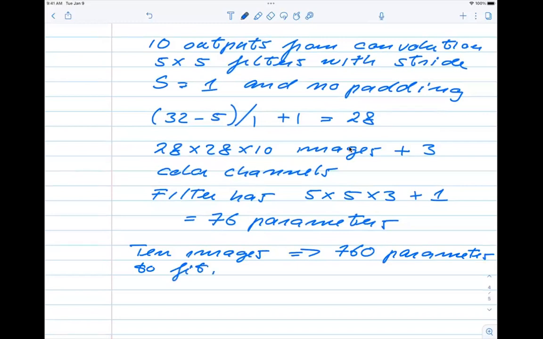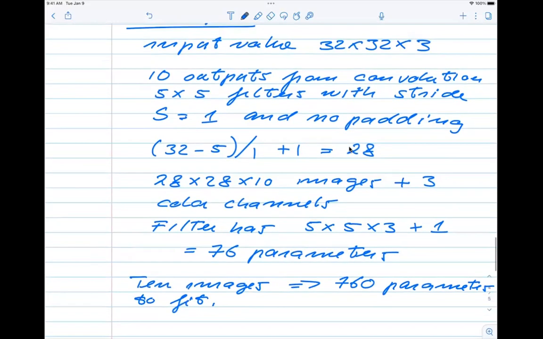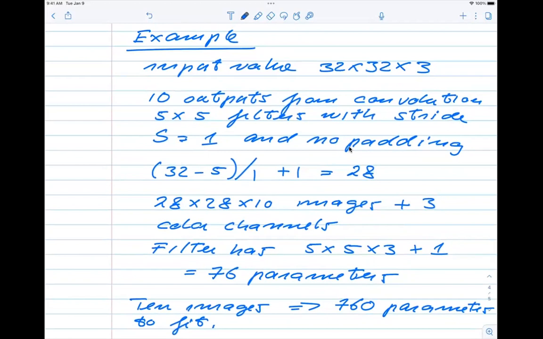You can compare this to a hidden layer in a fully connected neural network, where you feed in the image, which is 32 times 32 times 3. That means you would have a dimensionality of the input layer which is close to 3000. And if you then have a hidden layer with 100 nodes, that means you would have 3000 times 100 roughly, a rough number of weights to adjust.